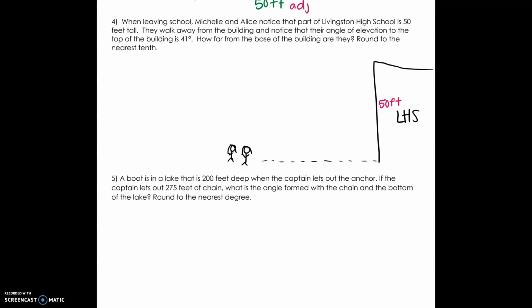And when they look up to the top of the building, their angle of elevation is 41 degrees. So remember, the angle of elevation is always formed by a horizontal line and our diagonal line. So this is our angle of elevation, which is 41 degrees. And they want us to solve for the distance that the girls are from the base of the building. So we're going to solve for x here. Now that our picture is set up, you can go ahead and set up your equation and solve.